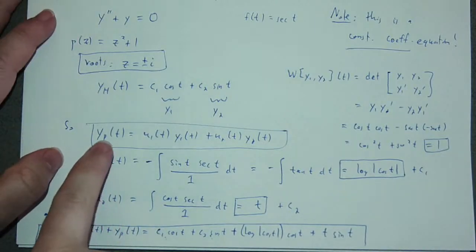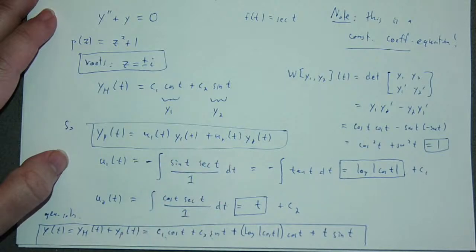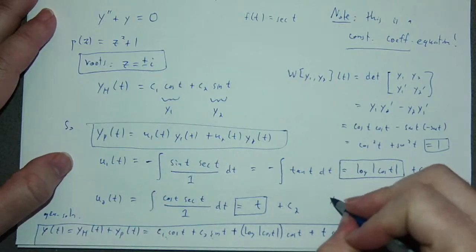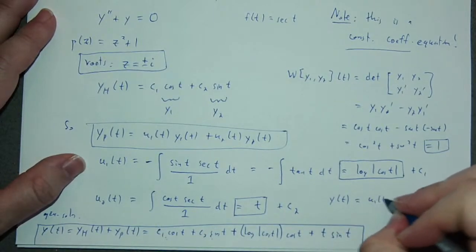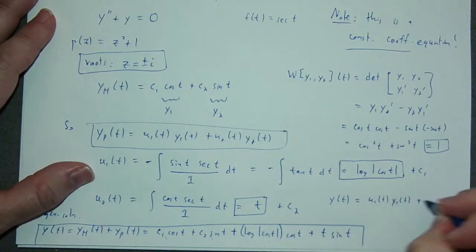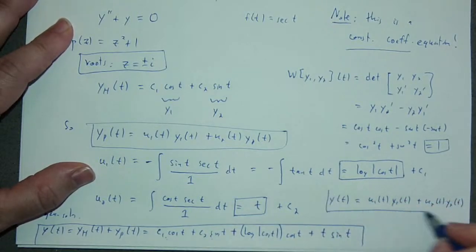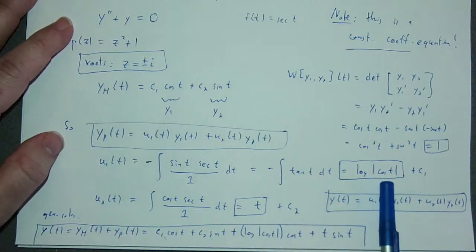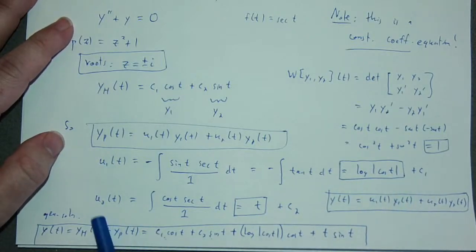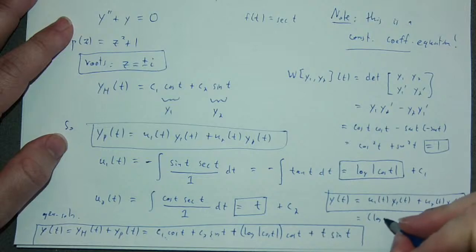And then instead of writing the particular solution as u1 y1 plus u2 y2, I could actually write the general solution. y of t is u1 of t y1 of t plus u2 of t y2 of t. Right? And now u1 is log cosine t plus c1. u2 is t plus c2. So what goes here is log cosine.